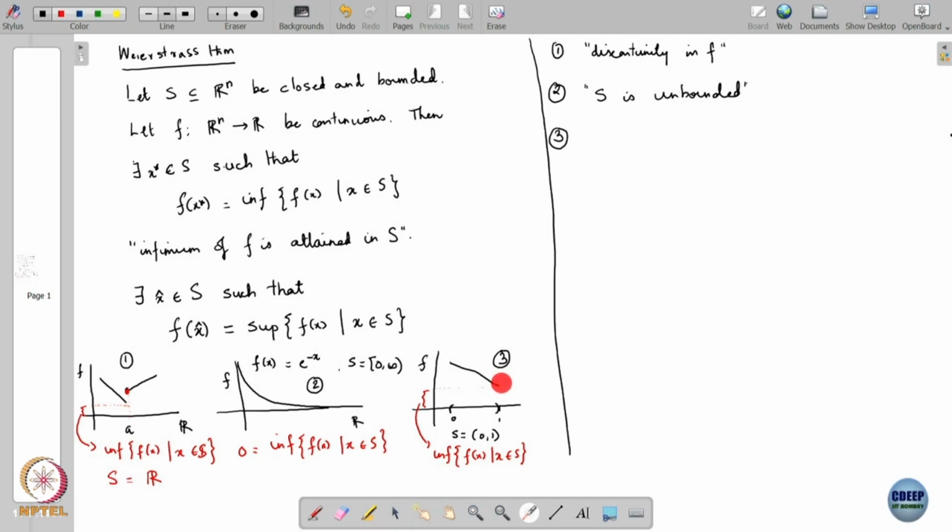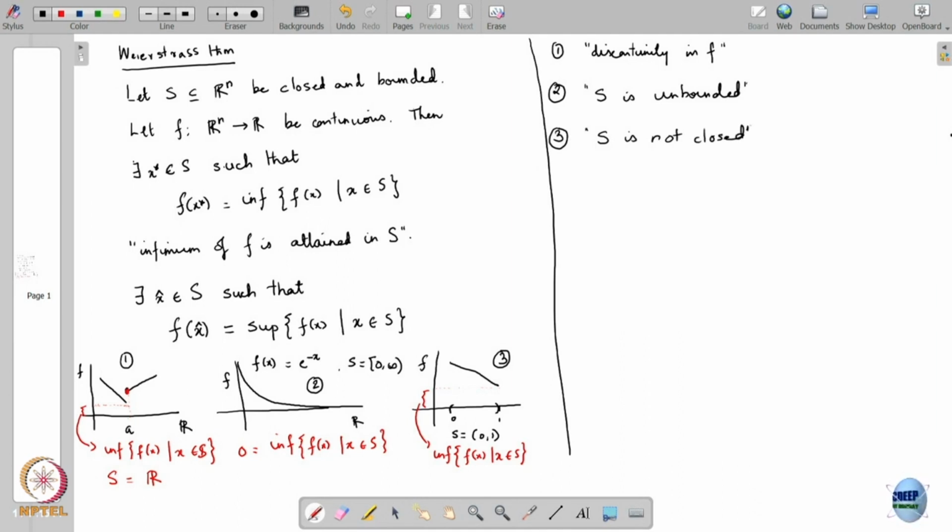It would have been f of 1 if f of 1 was defined in the same way and if 1 was part of the domain, but 1 is not part of the domain. So, what is the problem in this case? The boundary of S is not included in S. So, S is not closed.